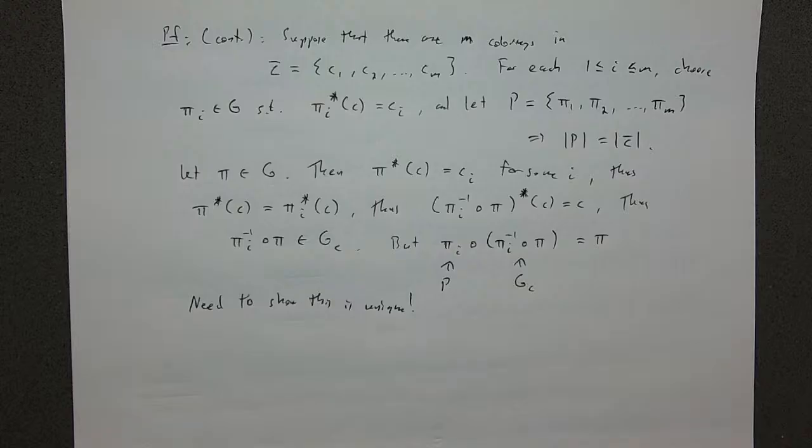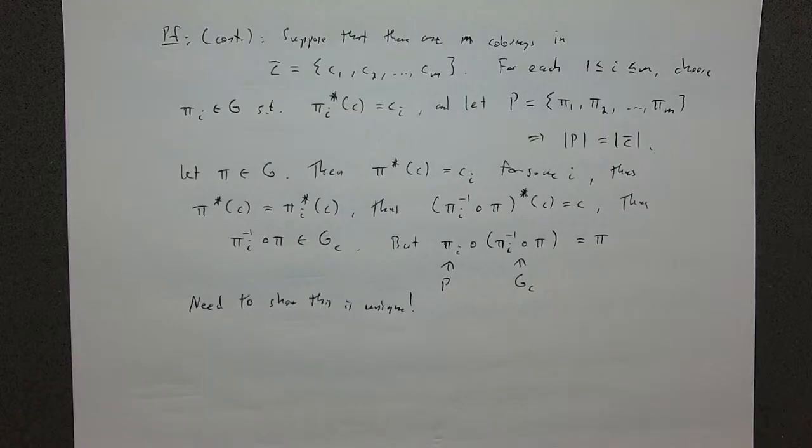Seemingly we have made choices, and we have to show that those choices ultimately don't matter, and that no matter what choice we made at each step, we would always end with the same representation of pi. The reason this is important is because we're counting these things. If there were multiple different representations, you'd have to worry about double counting representations for a single permutation, and so you'd get an inaccurate count. So we've got to show that this is unique.